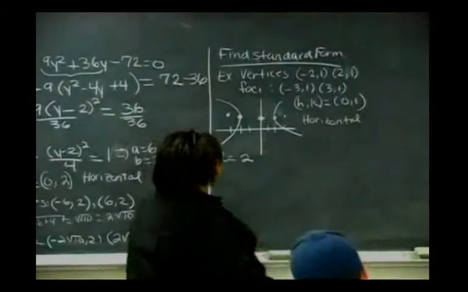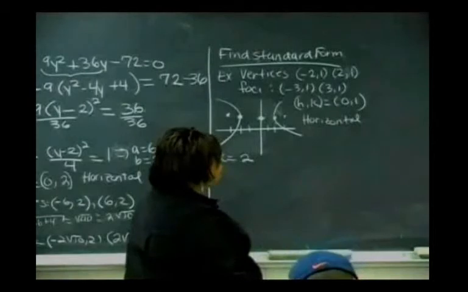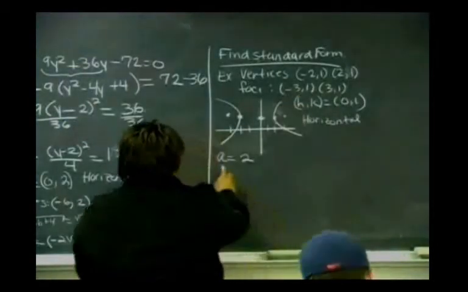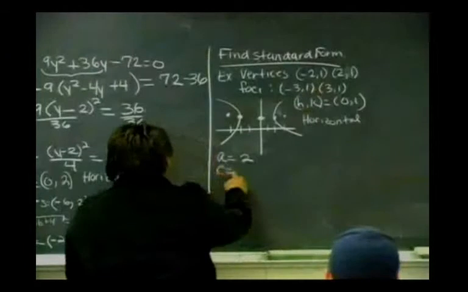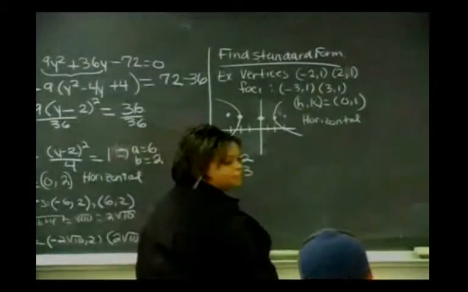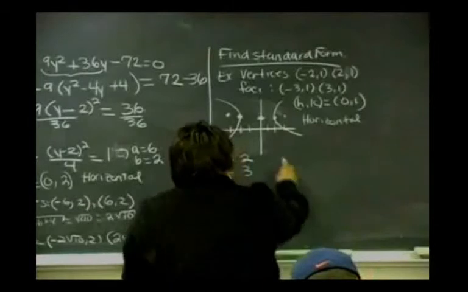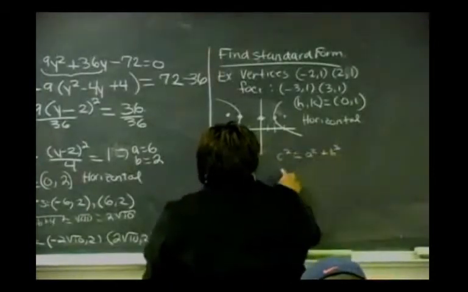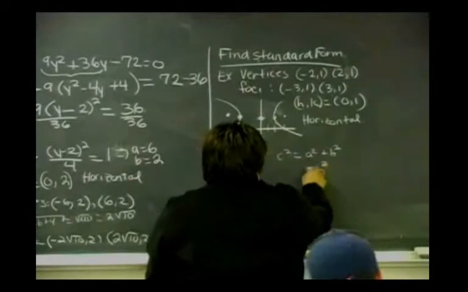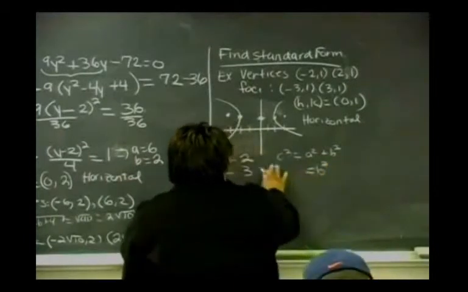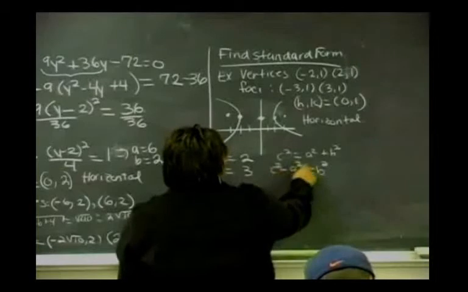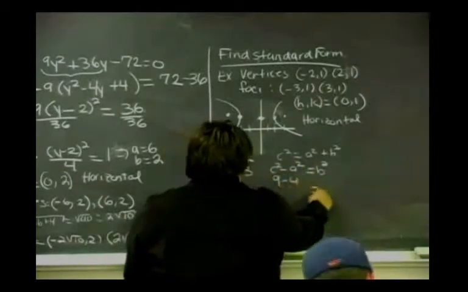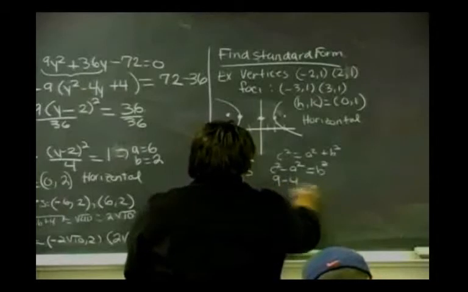The foci are H minus C and H plus C, but since H is 0, C is what? 3. So can I find B? I know that C squared is A squared plus B squared. So really all I need is B squared. It's C squared minus A squared, which is 9 minus 4, which is 5.